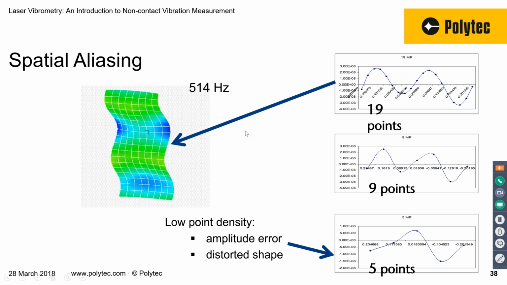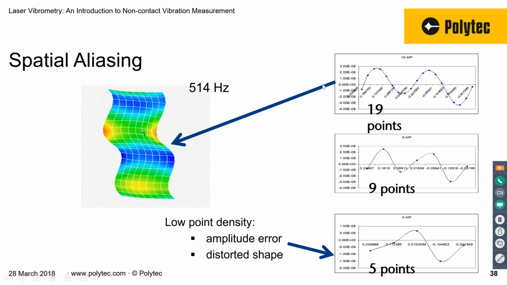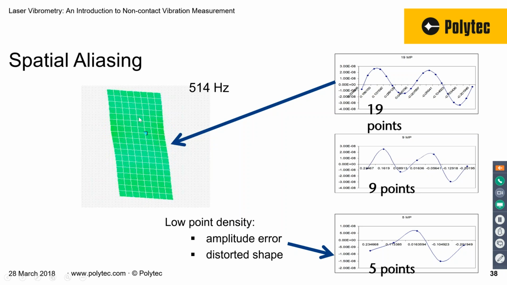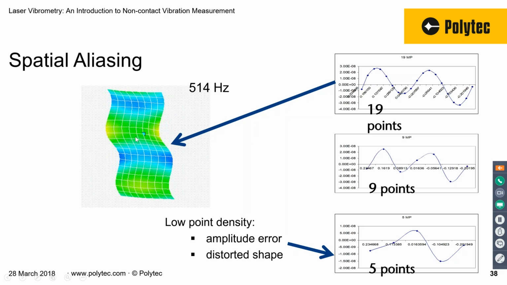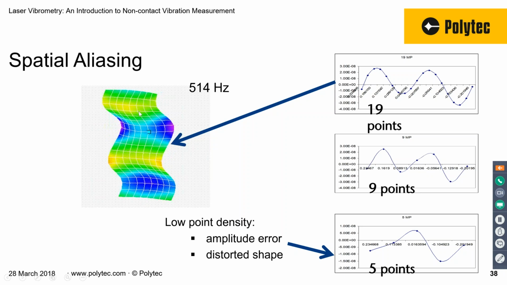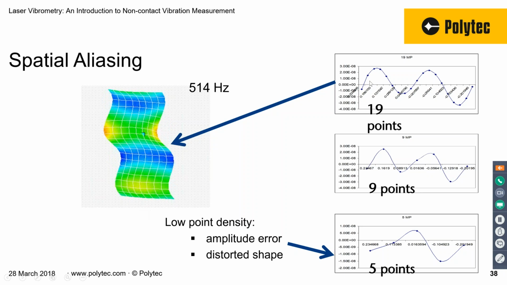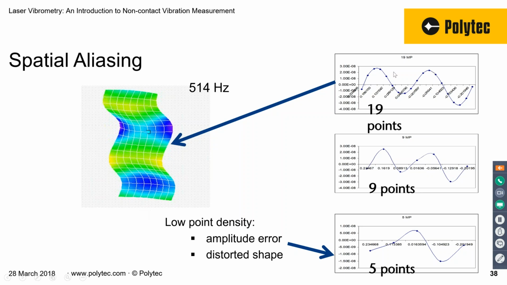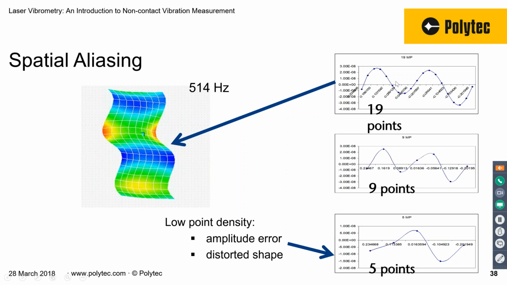So here's an example of what happens when you take fewer and fewer points. If you have a high density array of measurements and you look at the line profile down the center of the measured data, you get 19 points. You get a very precise wave shape. Amplitudes are very precise.